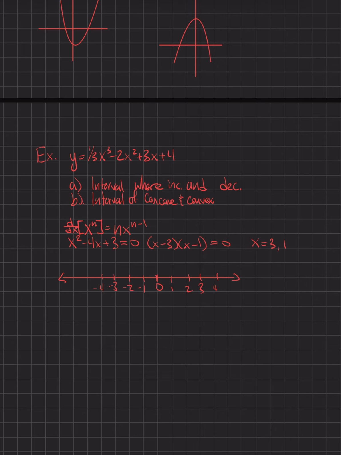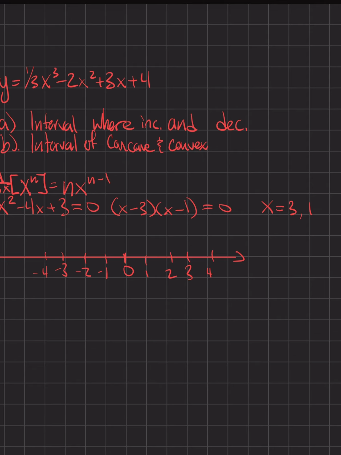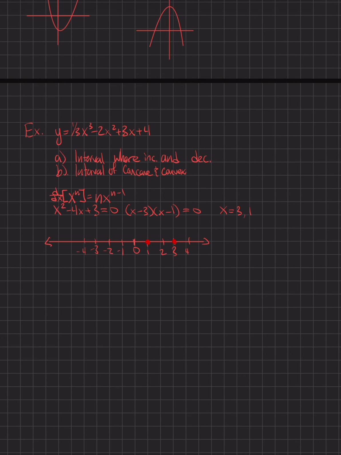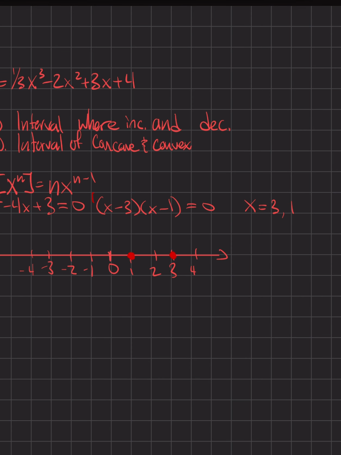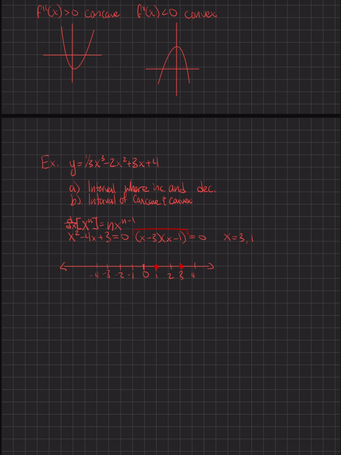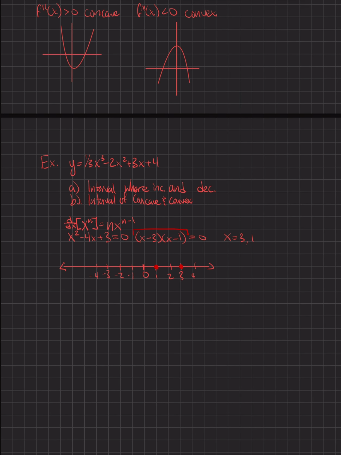Might be easier to see. So we're going to mark our points on our number line here at 1 and 3. Now what we're going to do here is grab this whole little part here where we broke it down. All right, let's see, we'll find a good spot to put this. I'll put it here for now.